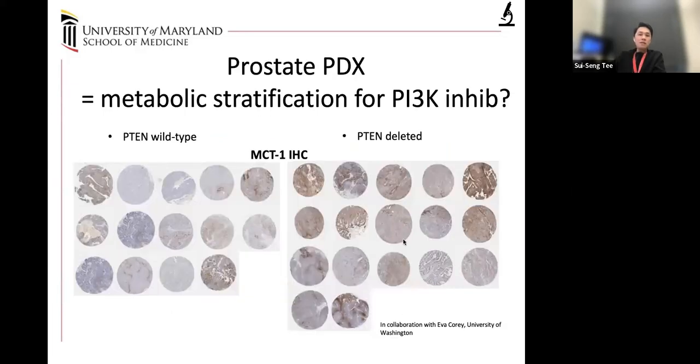And this is an example of PDXs, right? So tumors were taken from different patients and were put into mice. This is in collaboration with Eva Corey at the University of Washington. As we can see, when the tumors are PTEN wild type, MCT expression seems to be low.